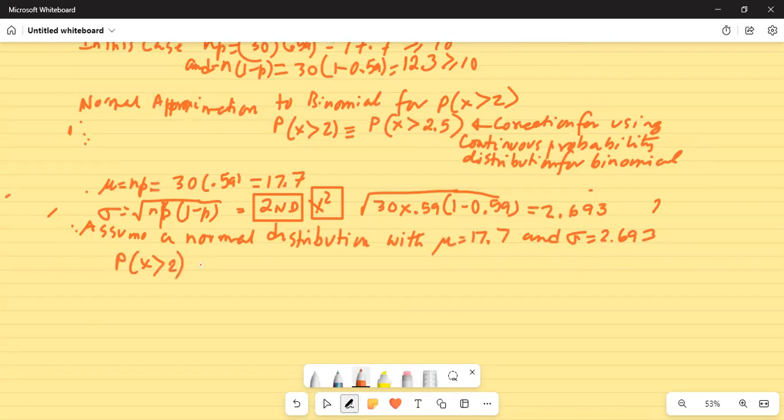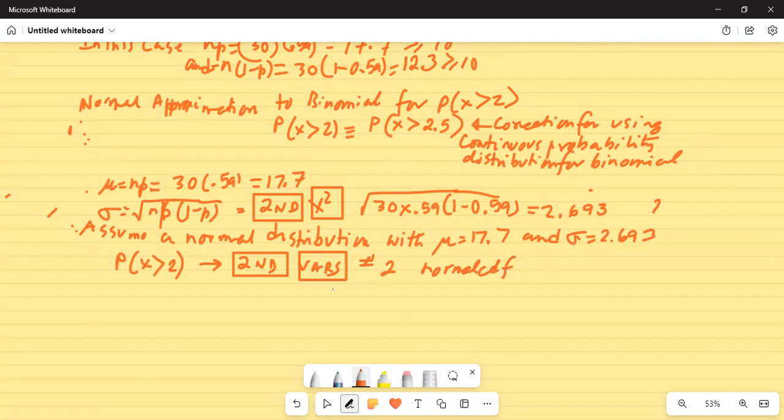I'll use my calculator. Second button, TI-84, then the vars button. Then number 2, which is normal CDF.